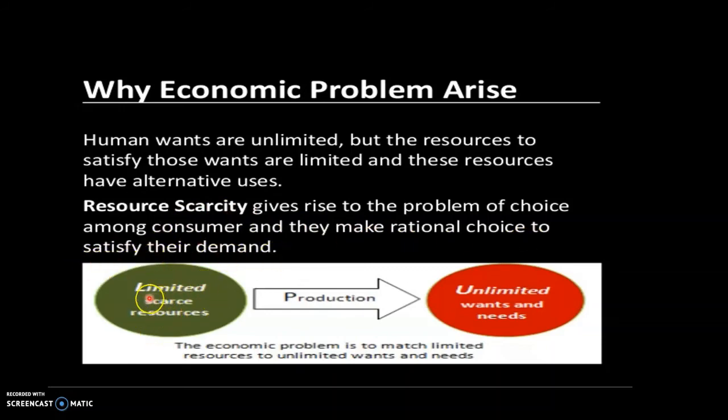So that means we have to match the limited scarce resources with unlimited wants and needs. So what is the economic problem? The economic problem is to match these limited scarce resources to unlimited wants and needs.